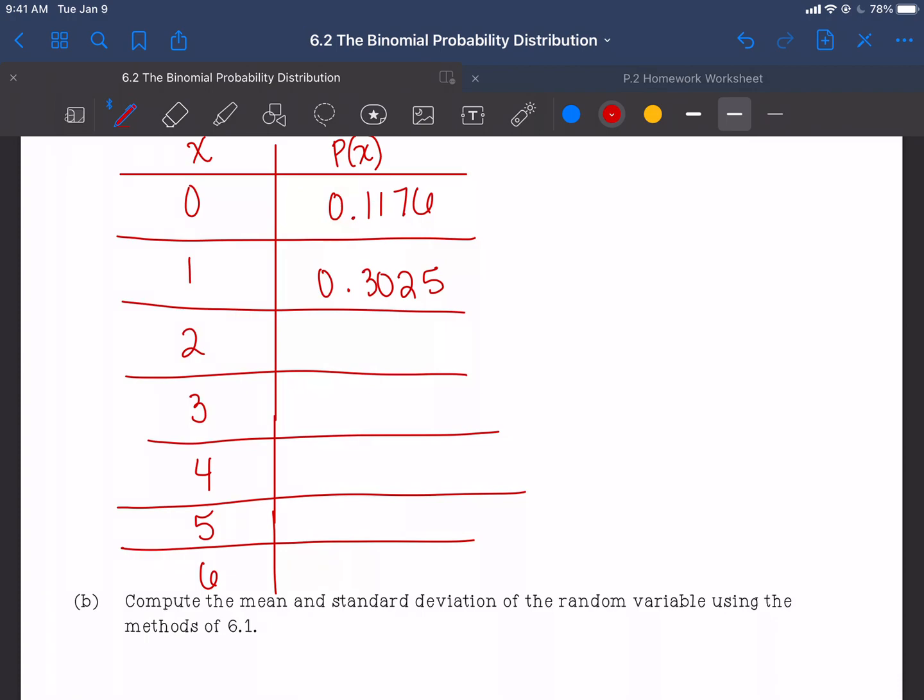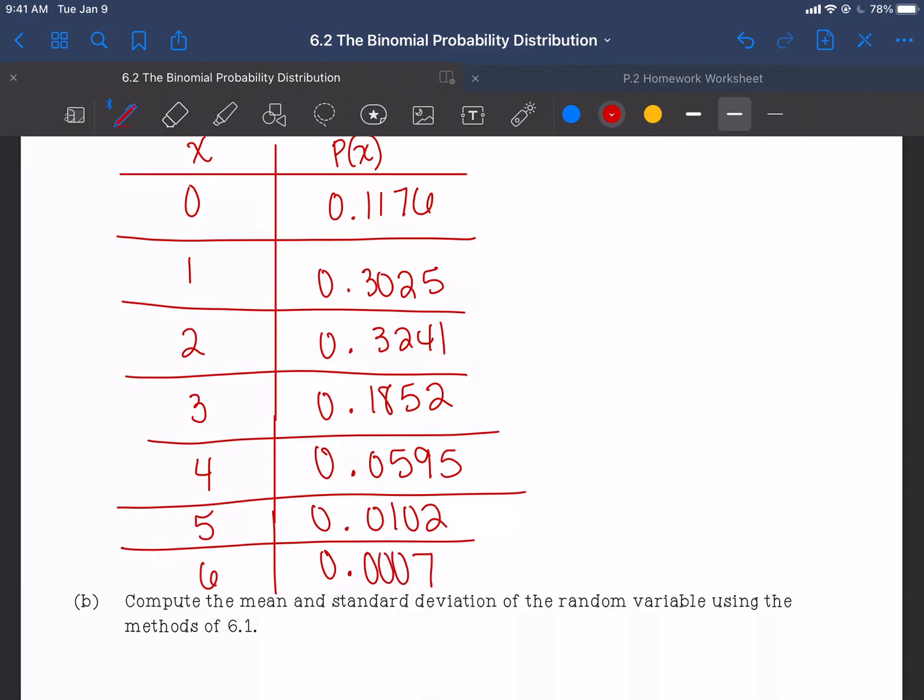I'm going to do the same thing, plug in x equals 2, and we would get 0.3241. When x is 3, 0.1852. When x is 4, 0.0595. When x is 5, 0.0102. And x is 6 is 0.0007. All right.